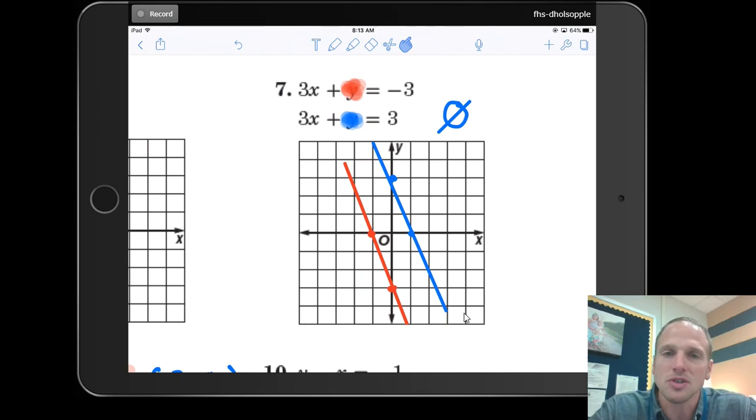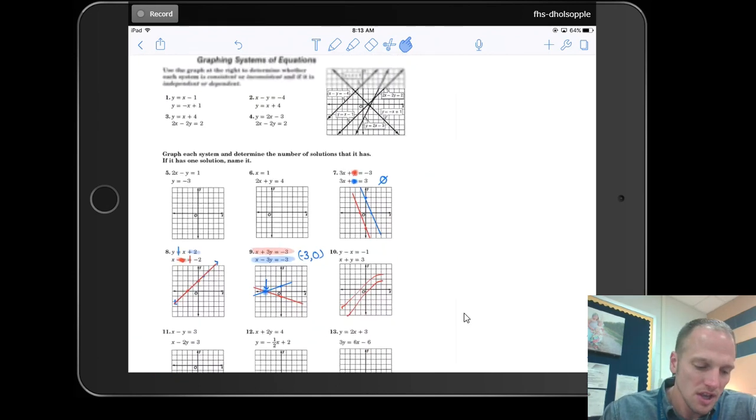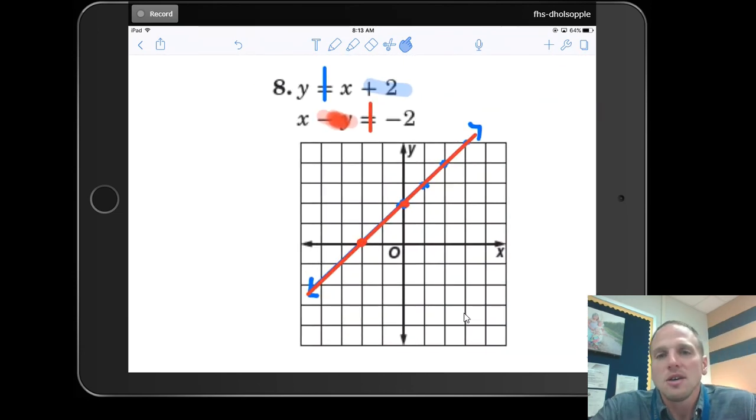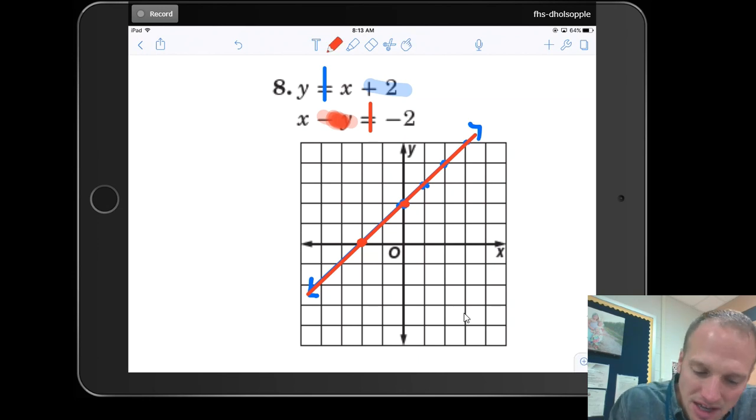They never crossed, so that was no solutions. And if we look down here at number 8, what do we see? Well, down here on number 8, we see that the two lines are actually on top of each other. It's actually the same line. So what is our answer? We're going to have infinitely many solutions.